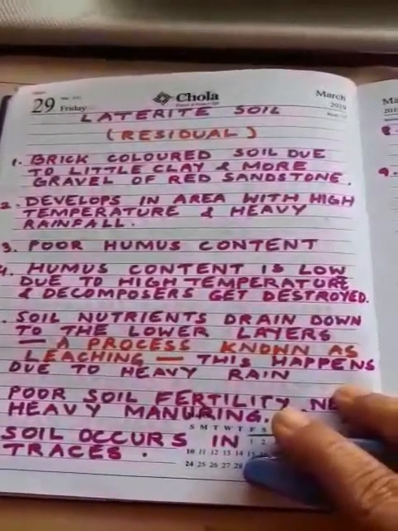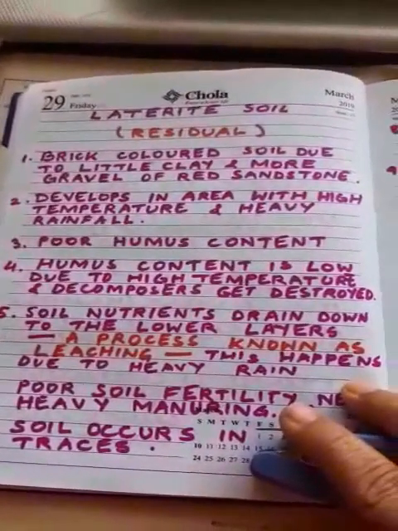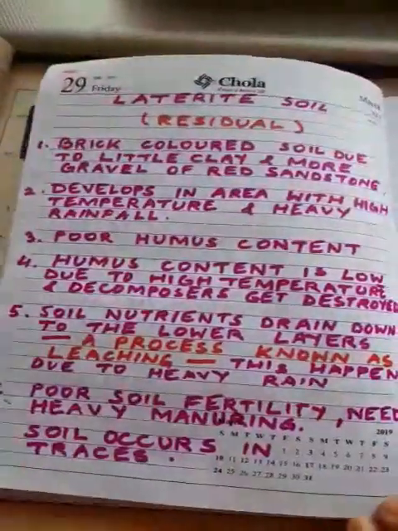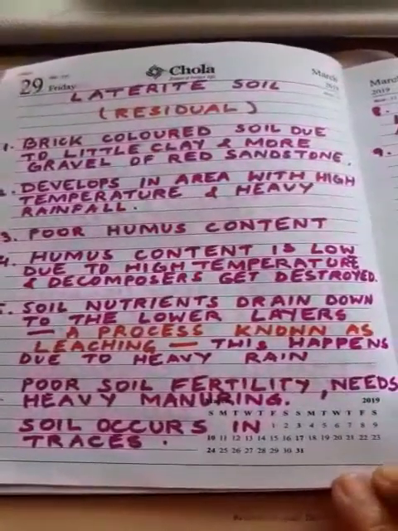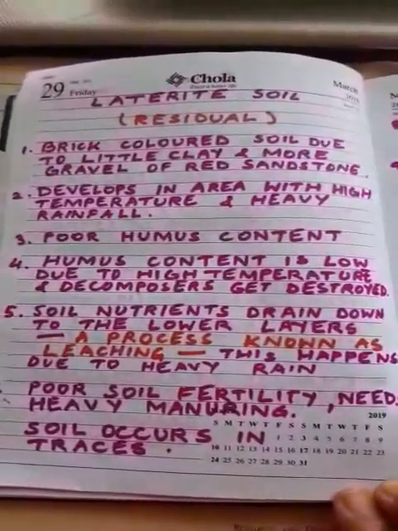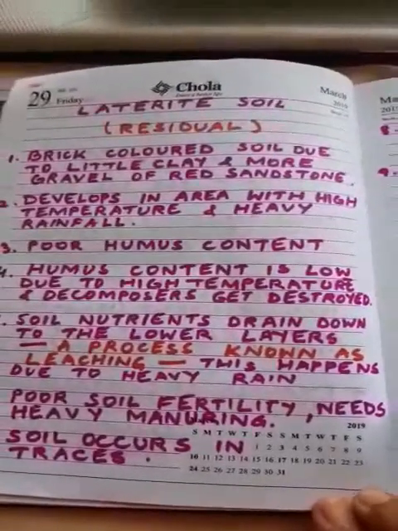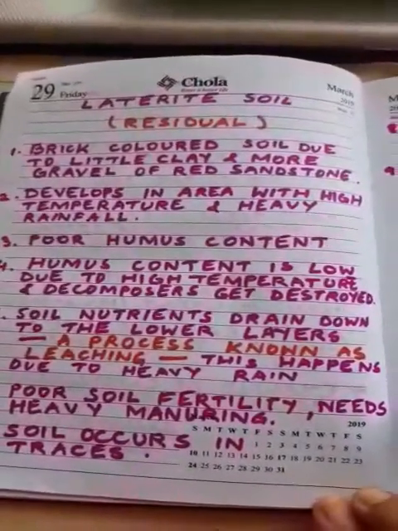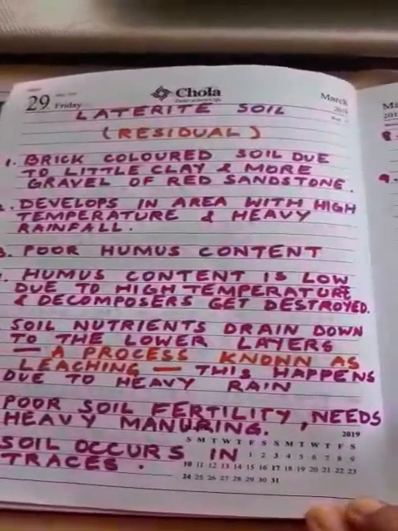Fifth point, soil nutrients drain down to the lower layers, a process known as leaching. This happens due to heavy rain. I am reading again because it's a very important point. Soil nutrients drain down to the lower layers, a process known as leaching.